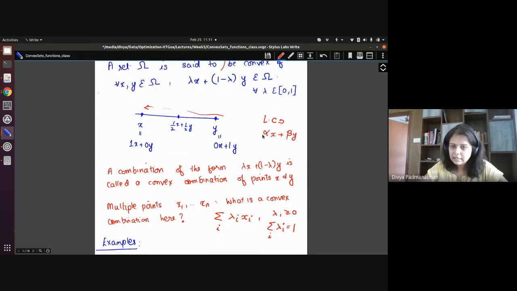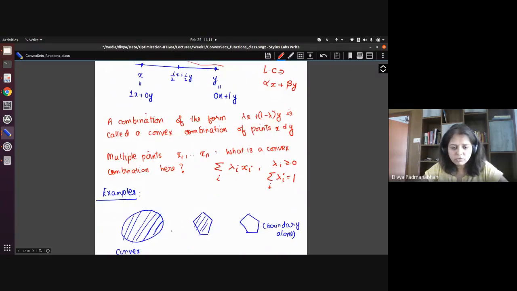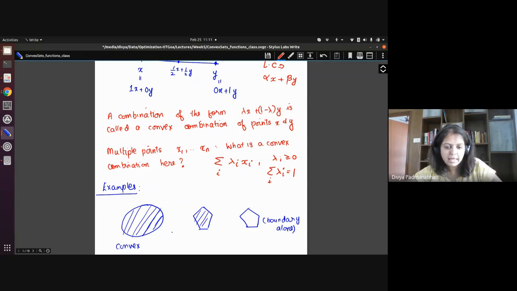Okay, so let's just see an example here. I'm showing you with respect to the geometry. If the set looks like this, the set is all the points within this, an ellipse or circle or something of that form, and all the points inside are also members.